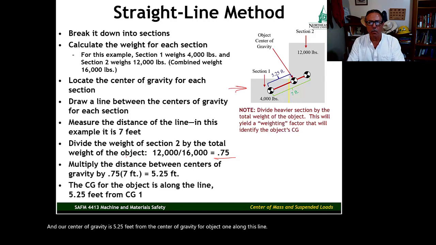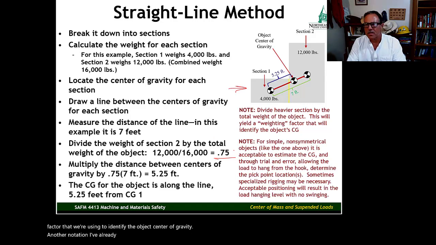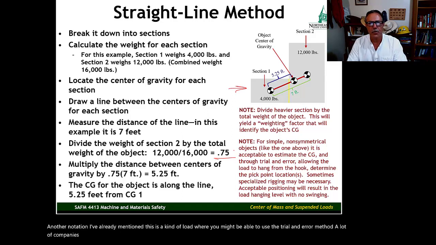Now note, when we were dividing the heavier section by the total weight of the object, this is giving us a weighting factor that we're using to identify the object center of gravity. Another notation, I've already mentioned this. This is the kind of load where you might be able to use the trial and error method. A lot of companies do this. A lot of riggers do this.